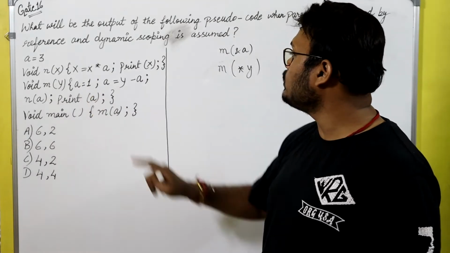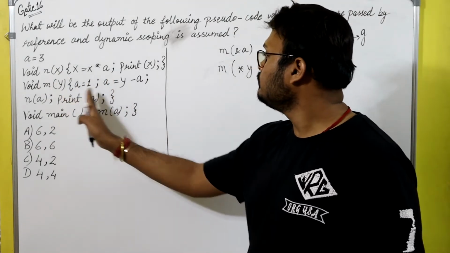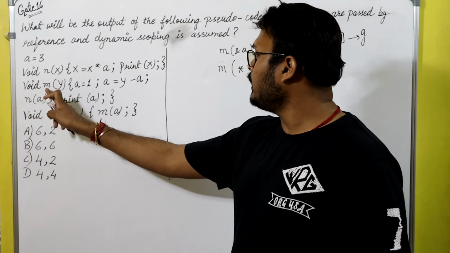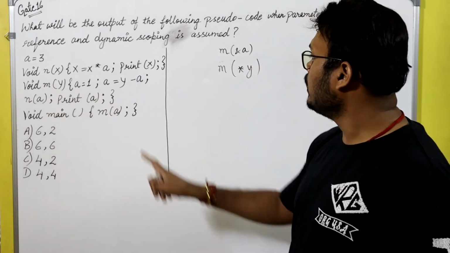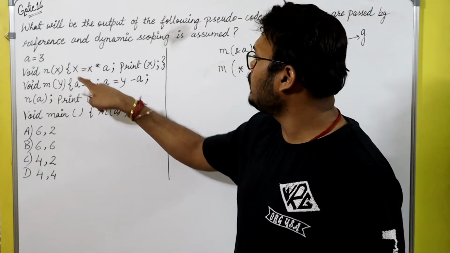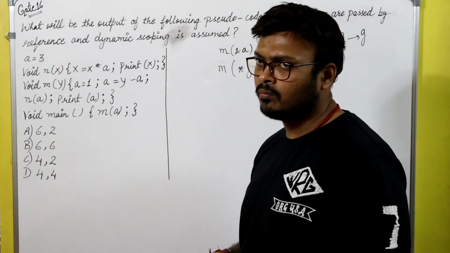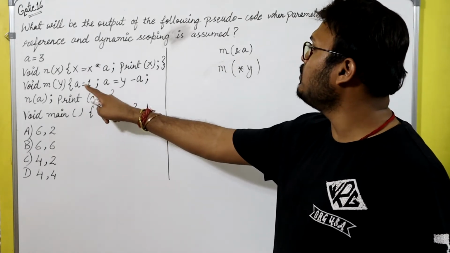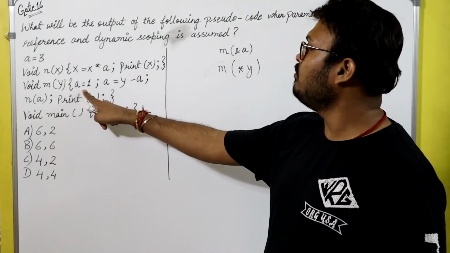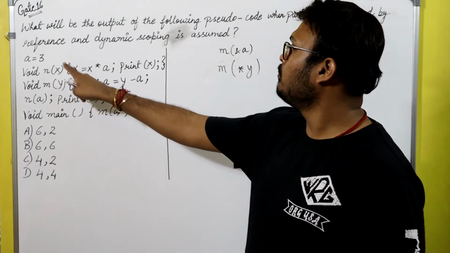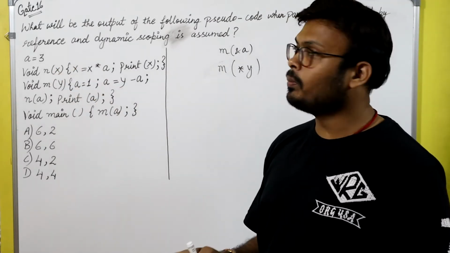Here you see a is equal to 1. So in the definition of m function, you see a is equal to 1 is there. So are this a and this a the same? No, this a is different from this a. So it's a local variable a, which is initialized as 1. But this a was a global variable.